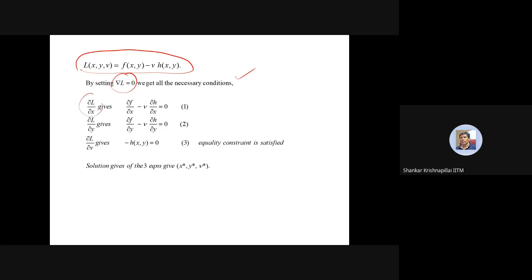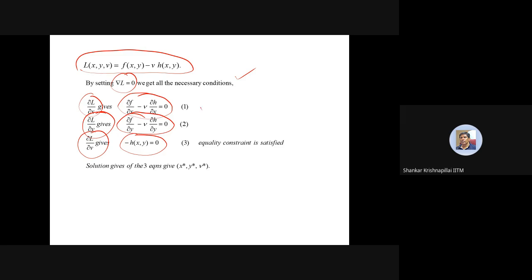Partial L by partial x will give this equal to 0. Partial L by partial y will give this equal to 0. And partial L by partial nu will give h of x, y is equal to 0. So these are the necessary conditions to satisfy the minima of the equality constraint problem.